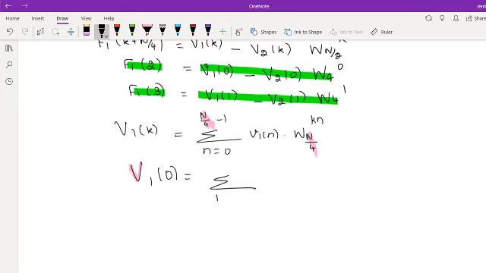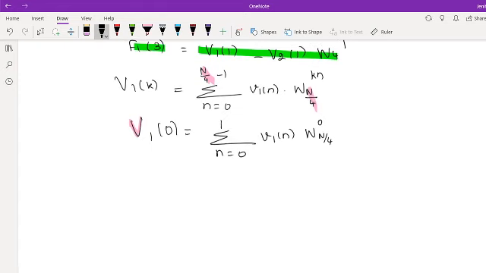So in this place, summation n is equal to 0 to 8 by 4 is 2, 2 minus 1 is 1, V1 of n into W power 0 because k is 0. So anything power 0 is 1. So now you can do the elaboration. V1 of 0 is obtained from V1 of 0 plus V1 of 1.